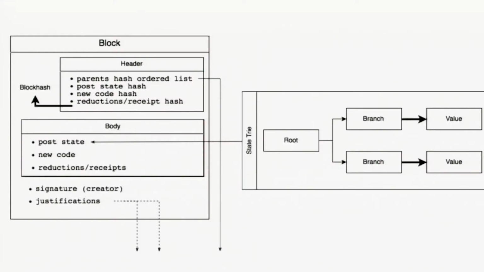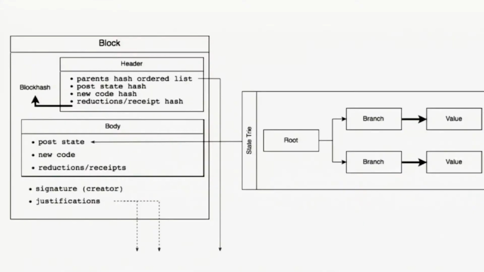So the blocks, like I said, the state is the set of Rholang terms. What's in a block are the post state, what code was deployed during that block, and the reductions required to get from the previous state to this state.